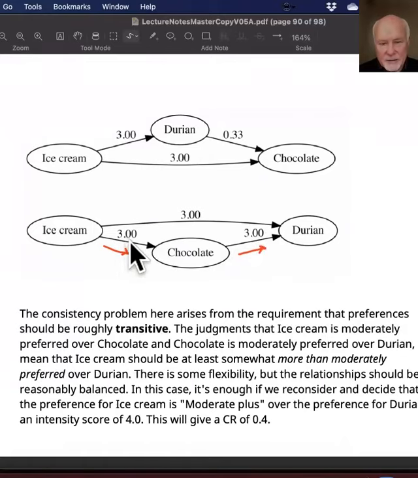So in this particular case, the one we're looking at changing is ice cream to durian. So that's this one here. If we make that 4, that will fix the inconsistency. We can completely get rid of the inconsistency by making that 9, but we have to use our judgment and be sensible here. That's a big increase.